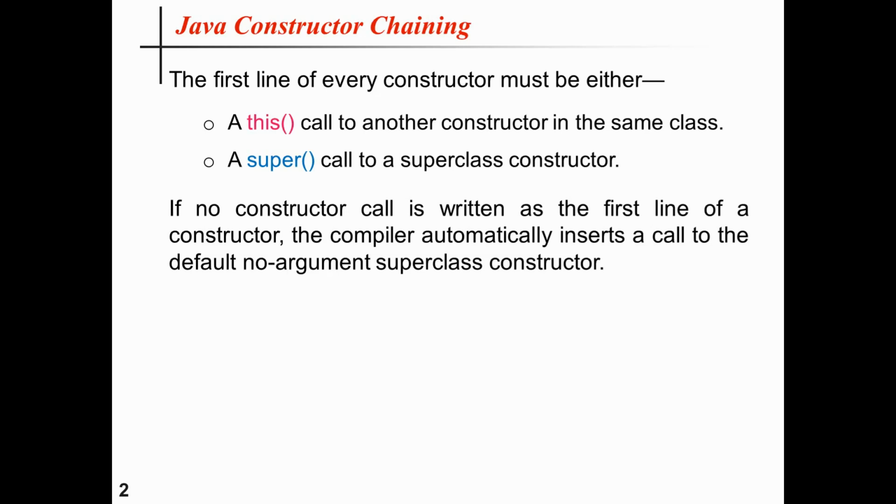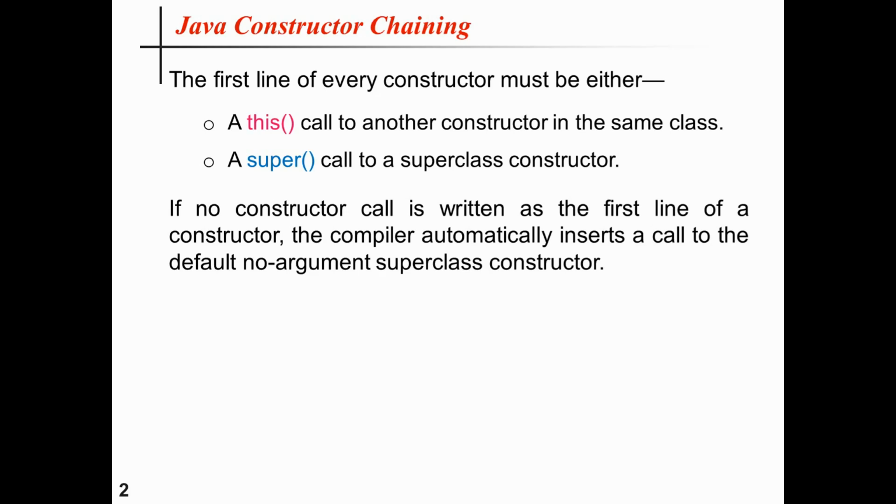We have already seen the use of this and super with respect to Java programming. If I am not using the parenthesis beside it, this will be used as a reference of the current class, while super without the parenthesis symbol will be denoting the reference of the superclass.